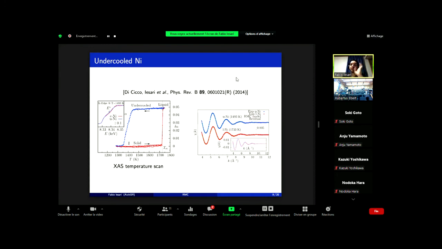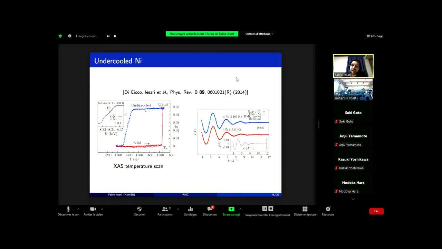This is for small nickel particles, and what you see is that by increasing the temperature, the absorption remains at the same level. But when we reach the melting temperature for nickel, there is a change in the absorption. Then if we cool down the system, the absorption remains around the level of the liquid phase, and this happens for up to 300 Kelvin below the melting temperature.